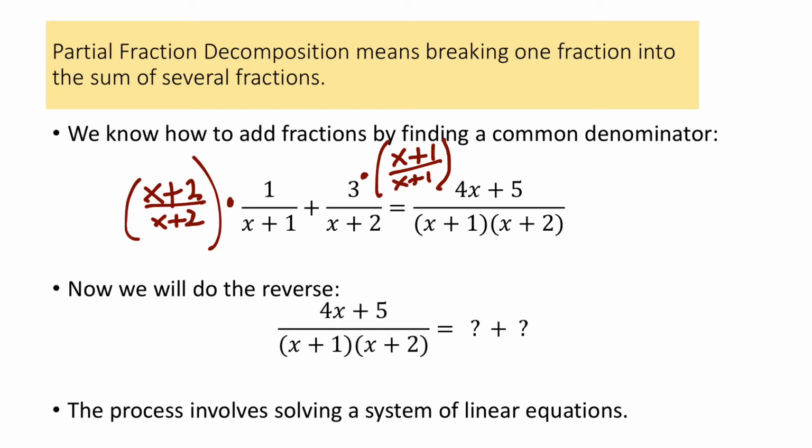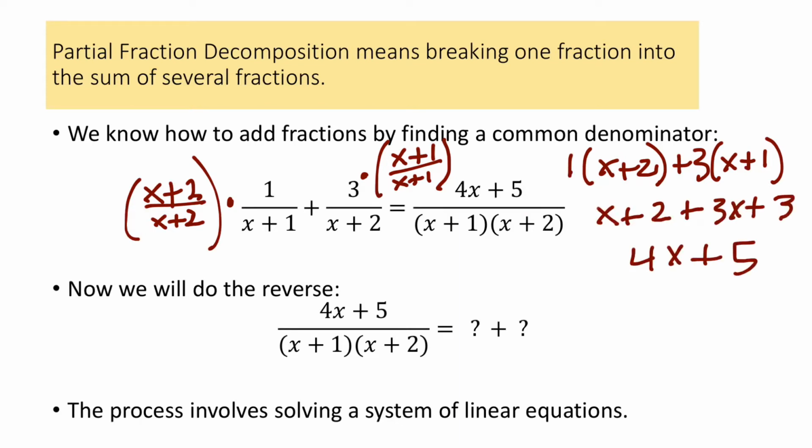So now what I would have to do is say x plus 2 times 1 plus 3 times x plus 1 is our new numerator, and then of course we would have this common denominator, x plus 1 times x plus 2. So that would look like this right here. So if I simplify this expression here, I'll then get this 4x plus 5.